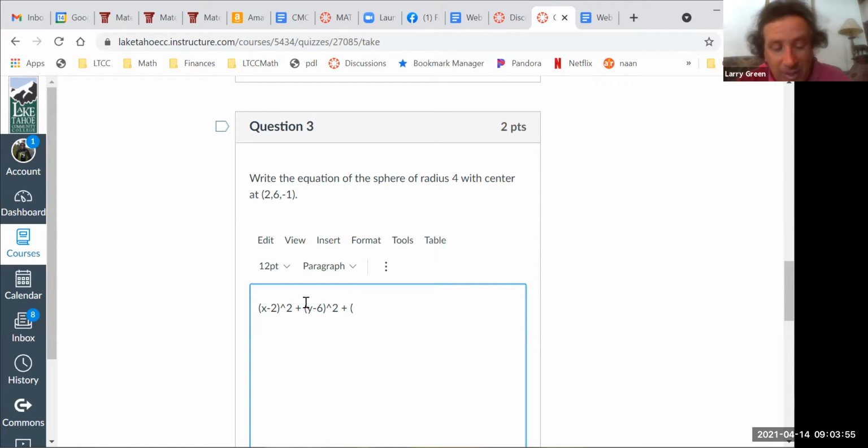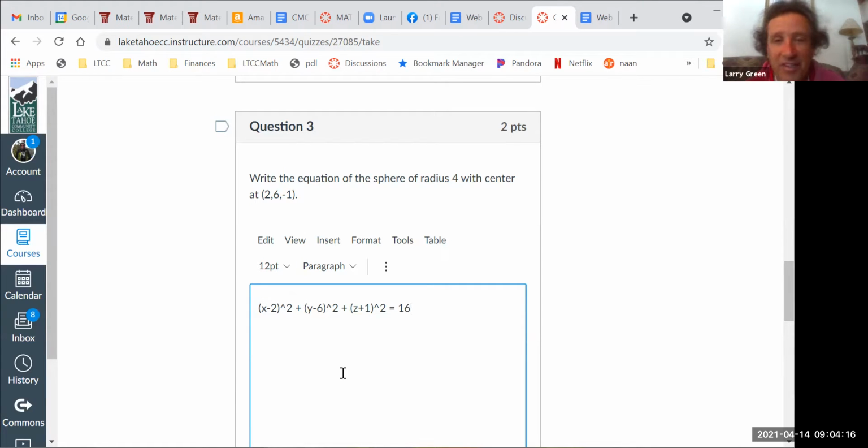I'm going to write z plus 1 squared is equal to 16, exactly. So do you agree these are kind of all or nothing?